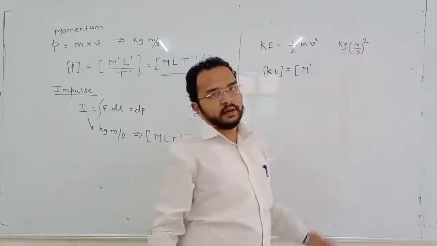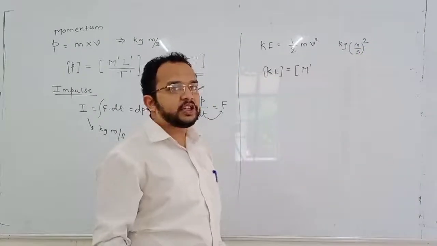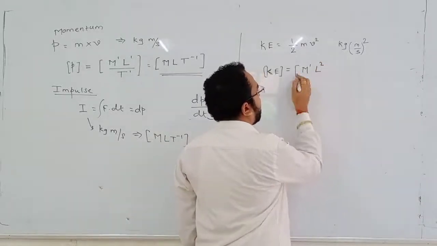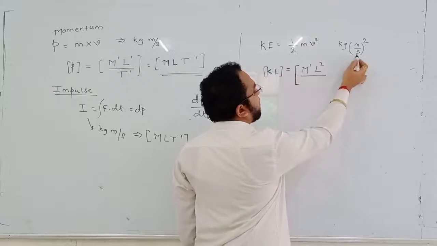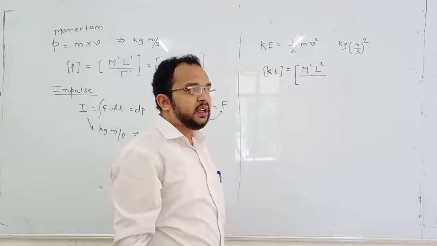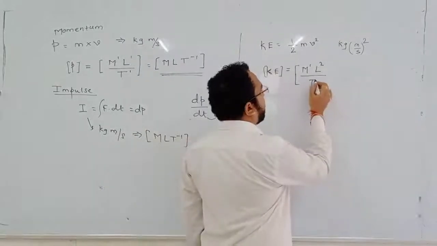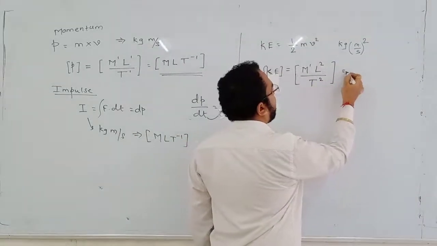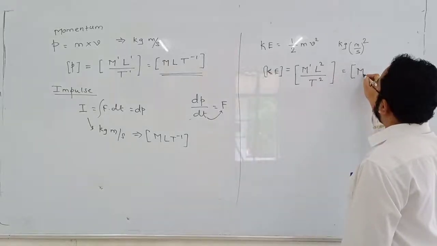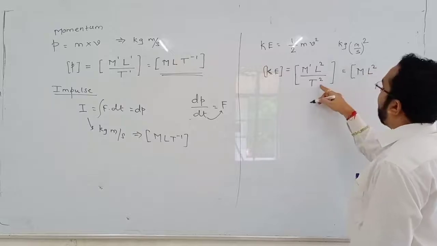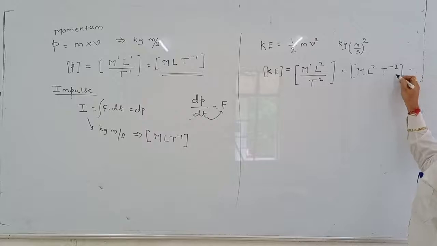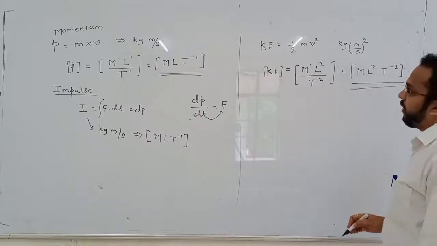Then meter square, meter corresponds to length, so we write L square, upon second, which corresponds to time, so T square. When we simplify this, M to the power 1 can be written as M L square, and when this T to the power 2 goes to the numerator, it will become T to the power minus 2. So these are the dimensions of kinetic energy.